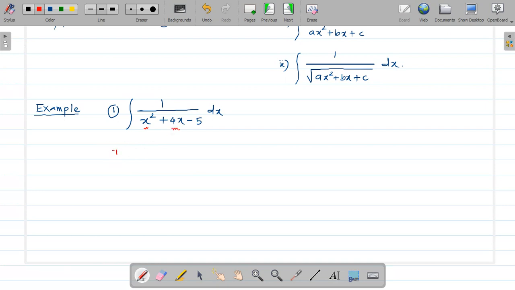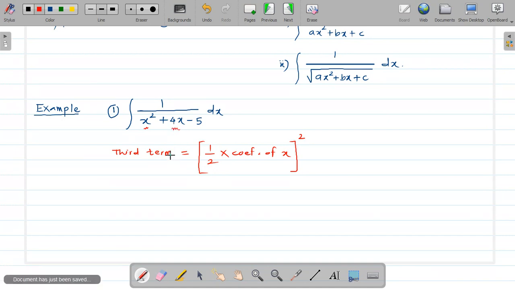I will write the formula. The formula for the third term is equal to 1 by 2 into the coefficient of x, and its bracket square. This is the formula to add the third term to get the perfect square. See the coefficient of x.